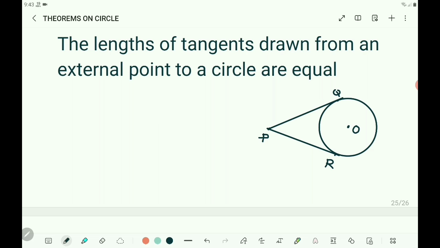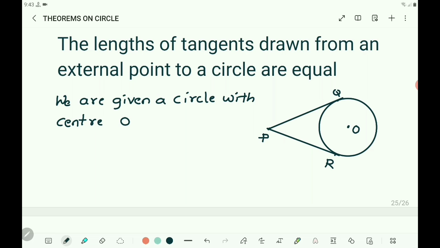Here what you have to prove? We have to prove that the tangents are equal, PQ is equal to PR. So note down what is given here. We are given a circle with center O. P is a point lying outside the circle.